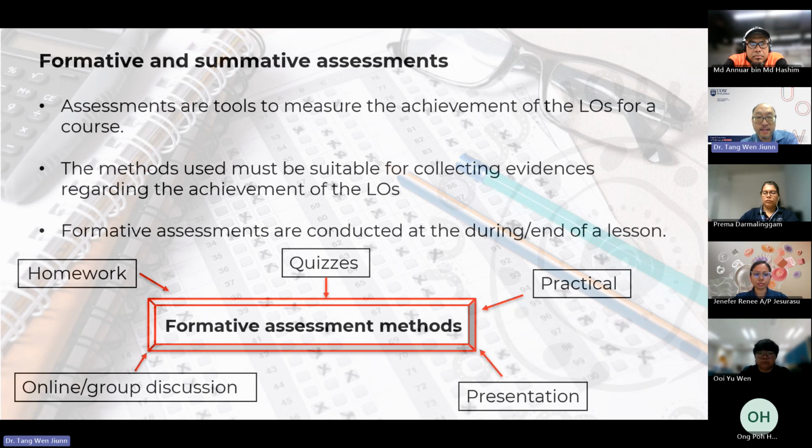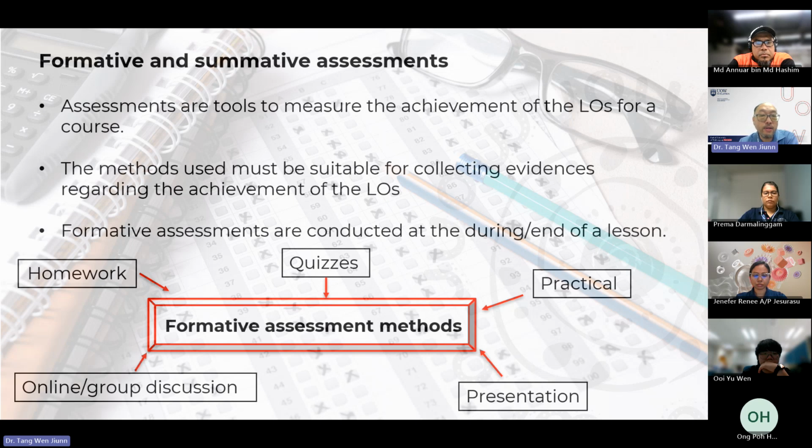If it requires hands-on or presentation, then those will be the assessment. But over here we still look at the conventional, which is the paper-based assessment. So we have formative and summative. Let's look at formative first.